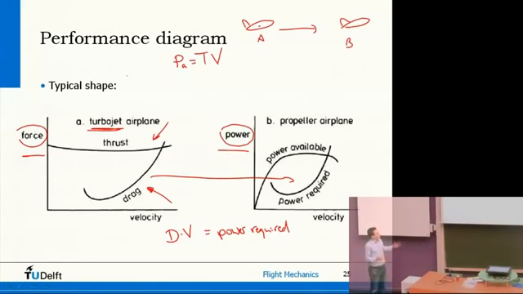So both diagrams are related to each other. Basically, one is just another way of showing power, the other one shows force, but they give you more or less the same information. I will show you that in some cases it's nicer to look at power, and in other cases it's nicer to look at forces. But you can use both. It doesn't really matter which one you use. If you have one of these diagrams for an aircraft, you can solve all the performance questions.